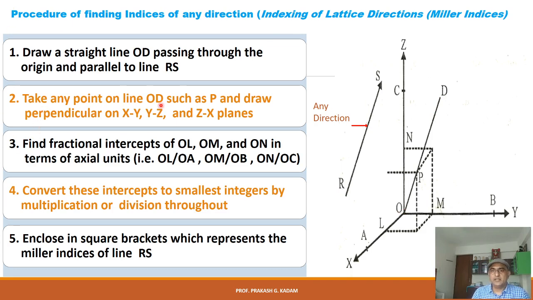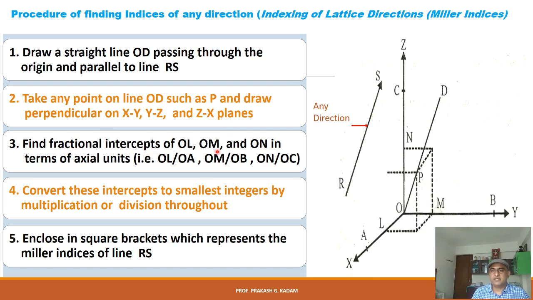Take any point on line OD, such as P, and draw perpendiculars on the XY, YZ and ZX planes. The plane made by the x-axis and y-axis is the XY plane. We draw the perpendiculars on the XY, YZ and ZX planes.